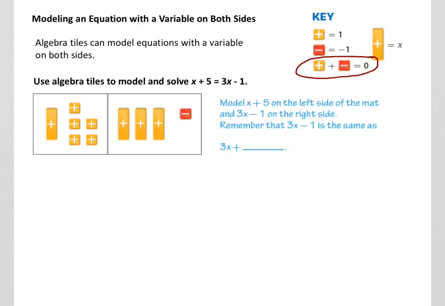So in this case, this is my left and right of my algebraic tile model, and of course this vertical line is my equal sign.